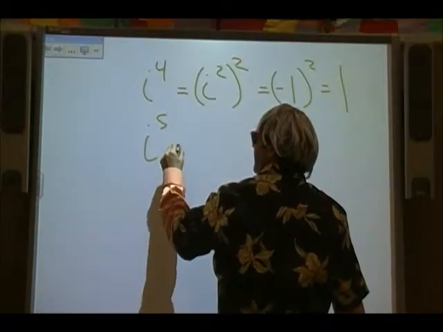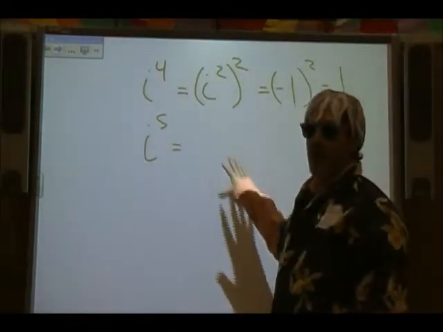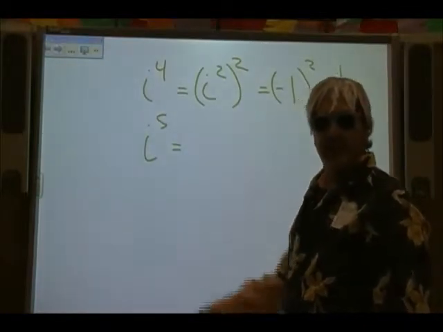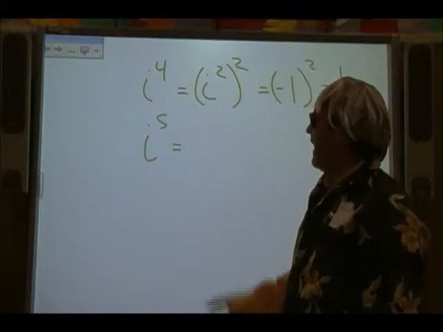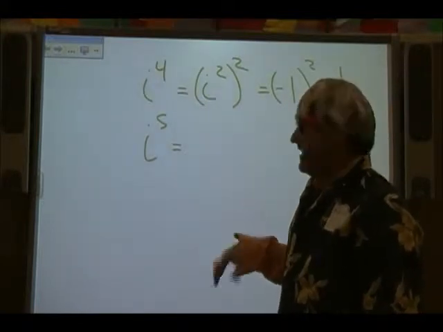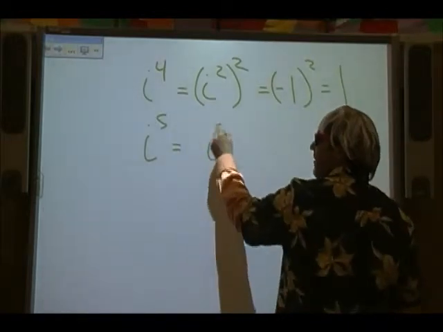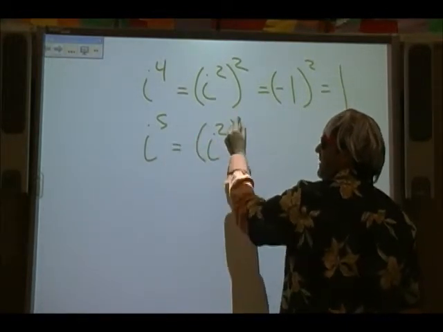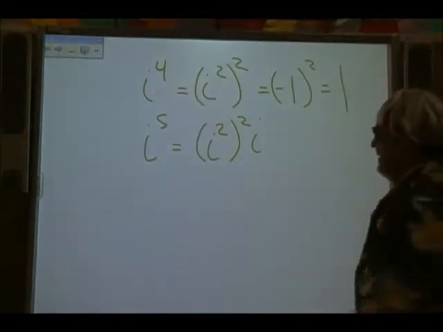i to the 5th. The way I started doing them is, after a while, they'll be cyclical in multiples of 4. But what I do is just say, how many 2's go into the 5? So you're saying, how many i squares are there? There's 2, and there's 1 i left over. Right?